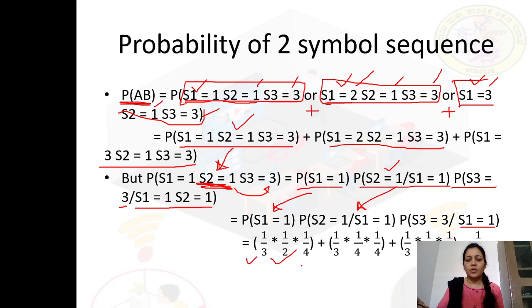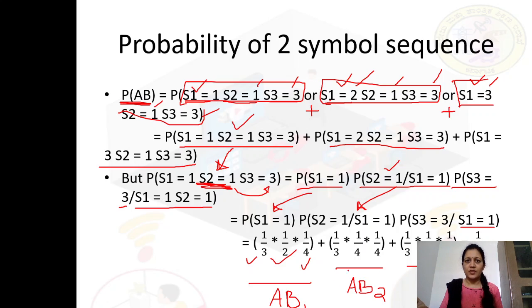So this is for the sequence AB when your source is in state 1. Similarly, this you will obtain for the sequence AB when your source is in state 2. And this you will obtain for the same sequence AB when you assume that your source is in state 3.